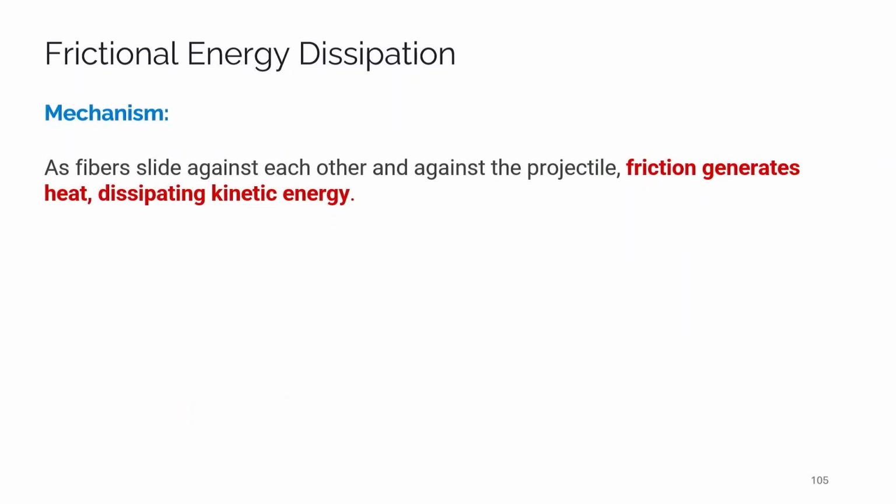Now, the mechanism of energy dissipation is by friction. So, friction which generates heat, friction against the projectile and the composite and also between the fibers, which helps in dissipating the kinetic energy.